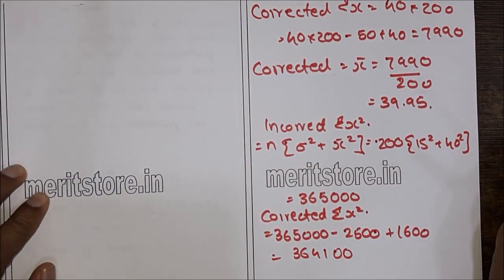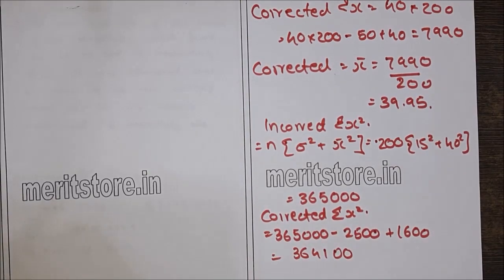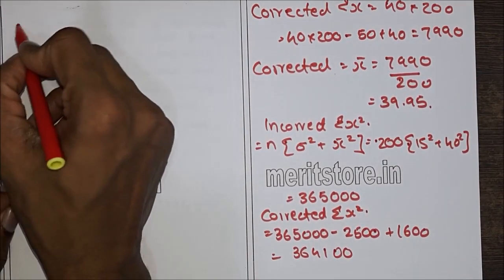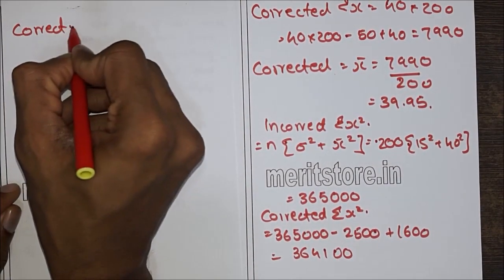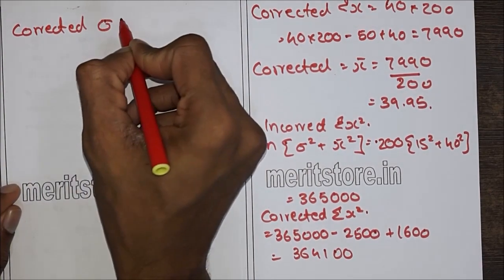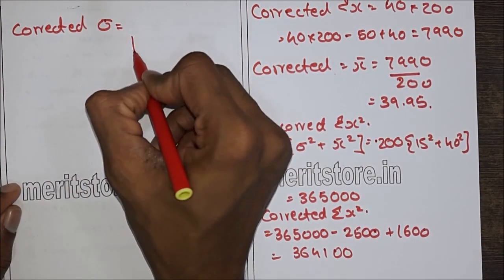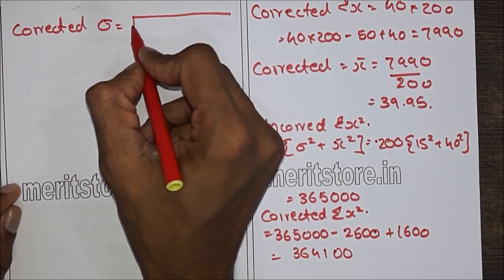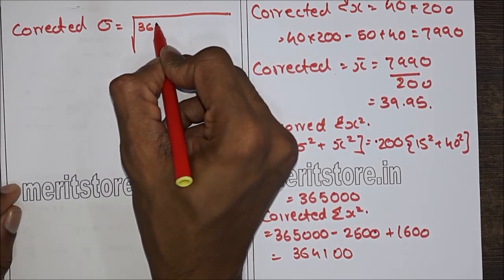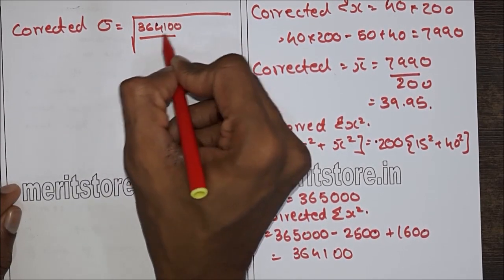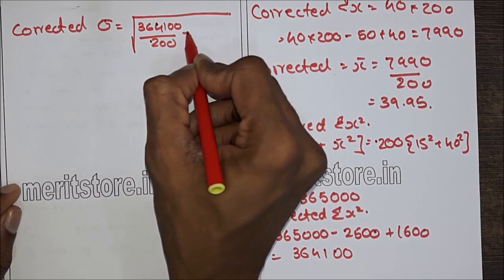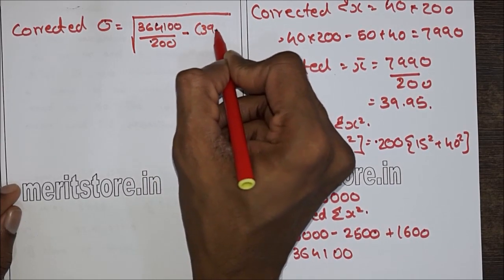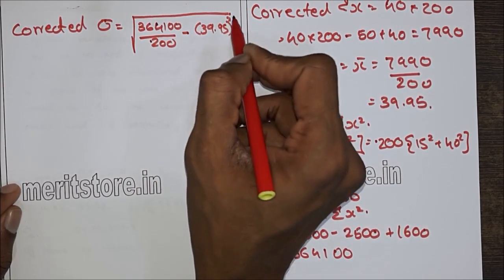So further solving this, the corrected standard deviation, that is sigma, can be given as under root of 364,100 upon 200 minus 39.95 the whole square.